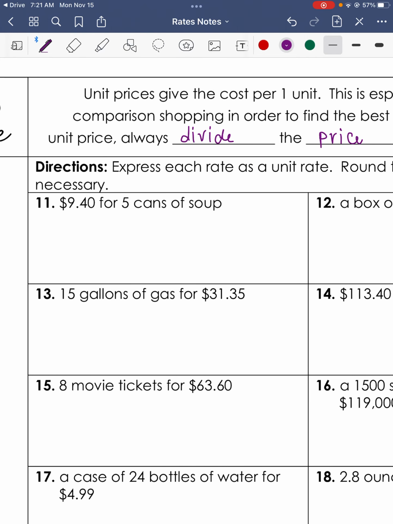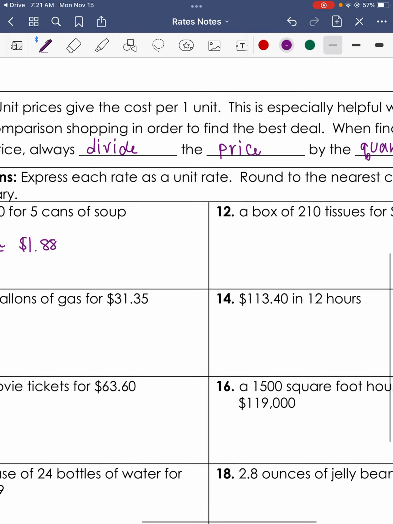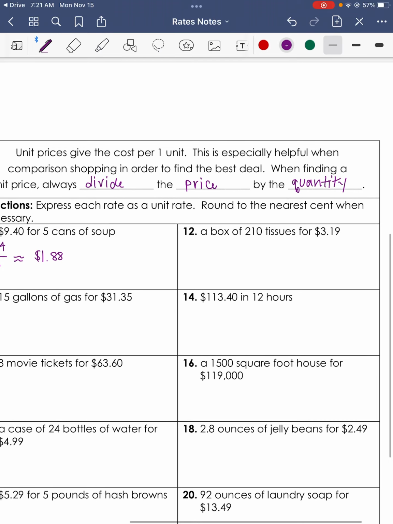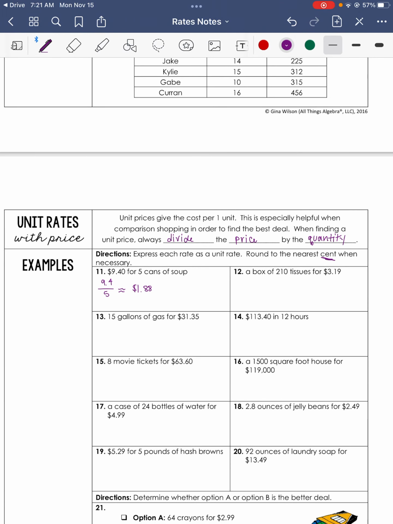Same thing here. So, let's set this up. We just need to write the 9.4 divided by 5. That is approximately equal to 1.88. And this is rounding to the nearest cent, okay? And so we always have 2 places for cents, right?